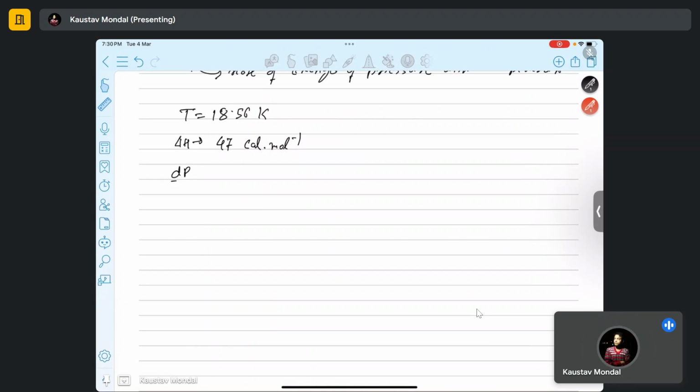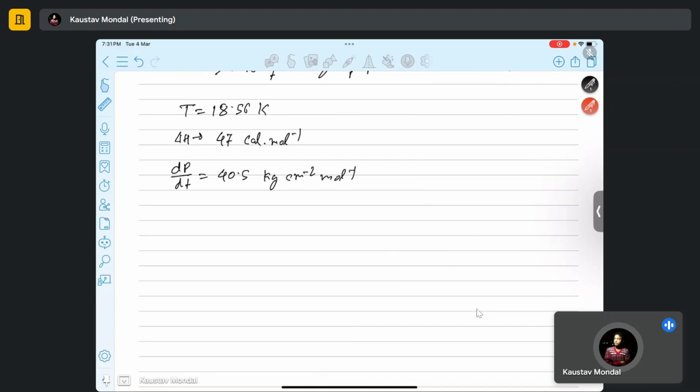And dPdt is 40.5 kg per centimeter square into mole inverse. Okay, but this is like given in terms of mass per area, right? But in our case we have to convert it into the suitable unit so that we can use this value. Okay, so how can you do that?